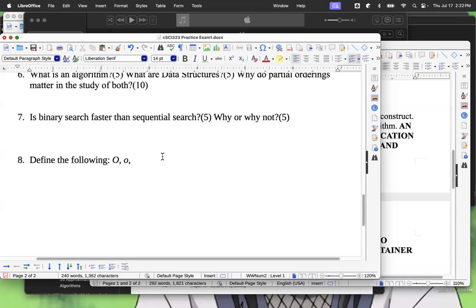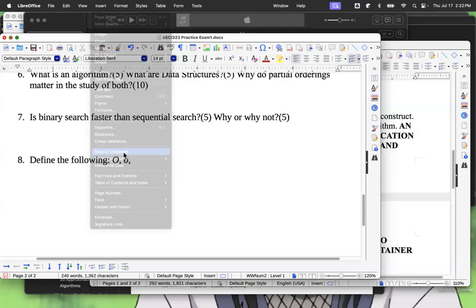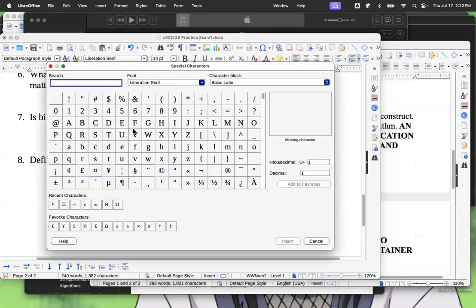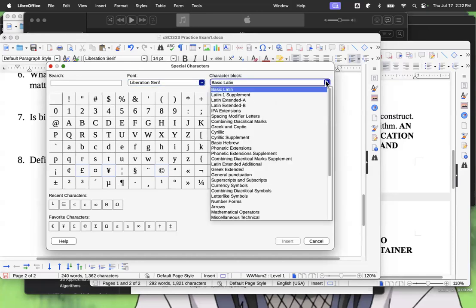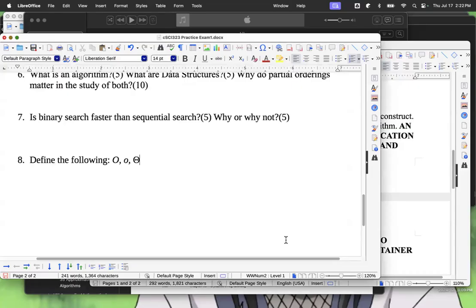And then we also have, let me just insert a special character. All right, so we also have theta. Insert that. Okay.